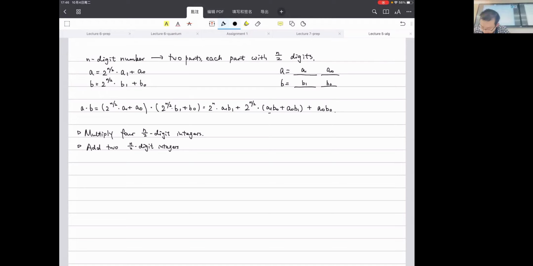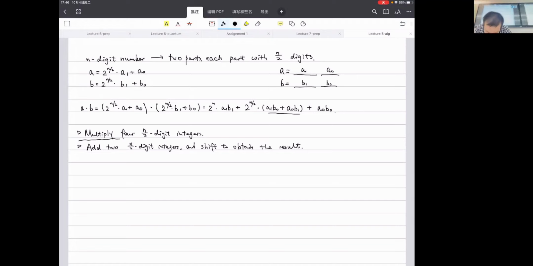And we also need to shift to obtain the result. By shift, I mean we have this 2^n and also 2^(n/2) here, so we need to add the corresponding number of zeros after that.